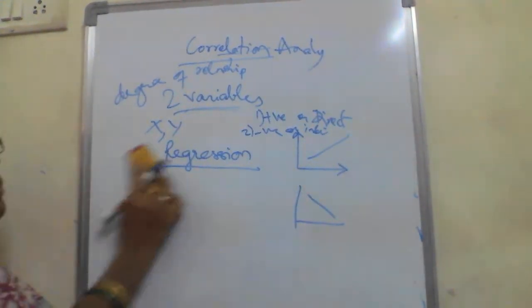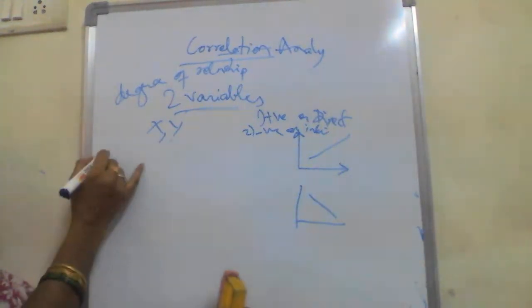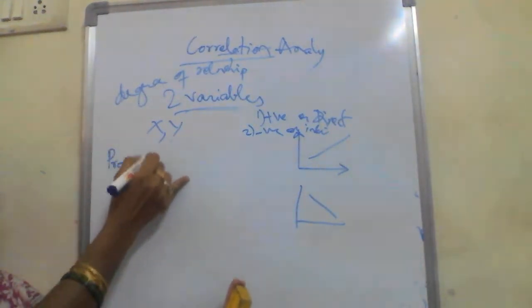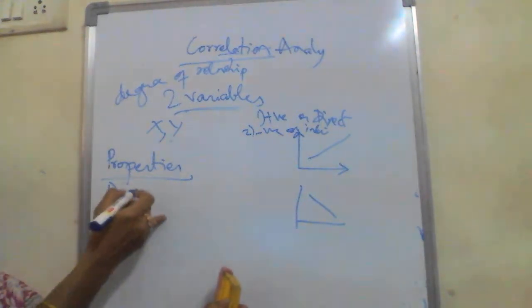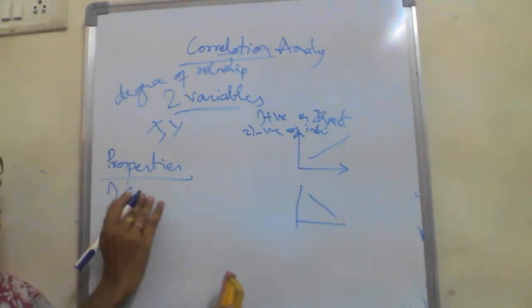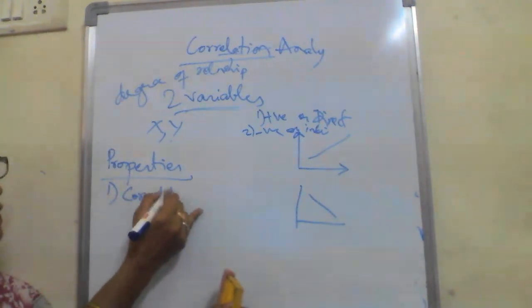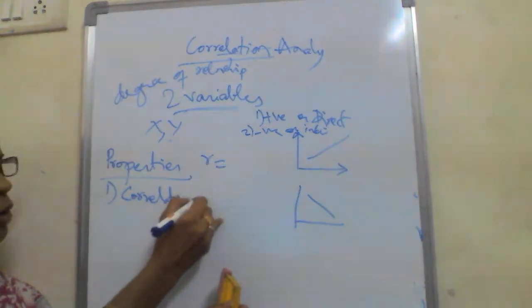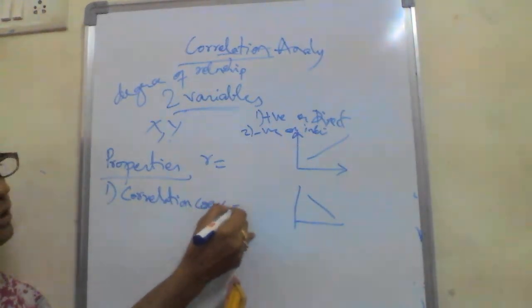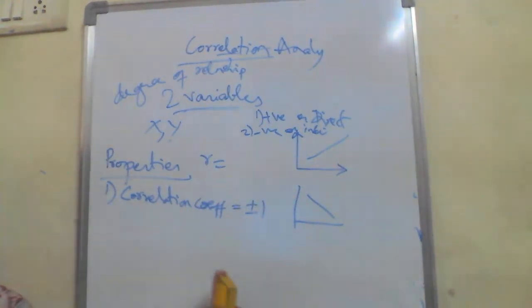Coming to the properties of correlation, you have already done this at school level. The first property is that the correlation coefficient, that means the value you find for r, will lie between plus and minus 1.